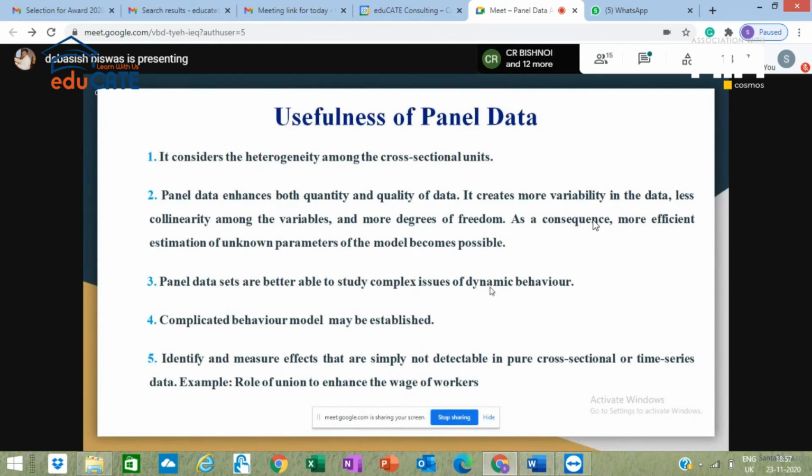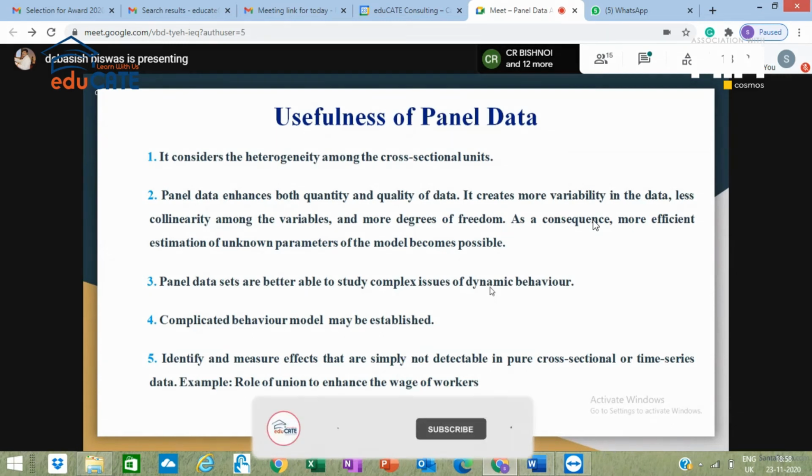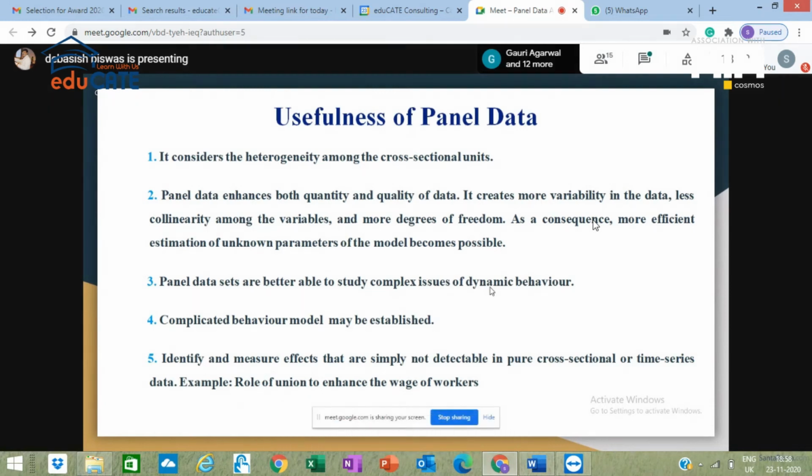The fifth point: identify and measure effects that are simply not detectable in a pure cross-sectional study or pure time series study.